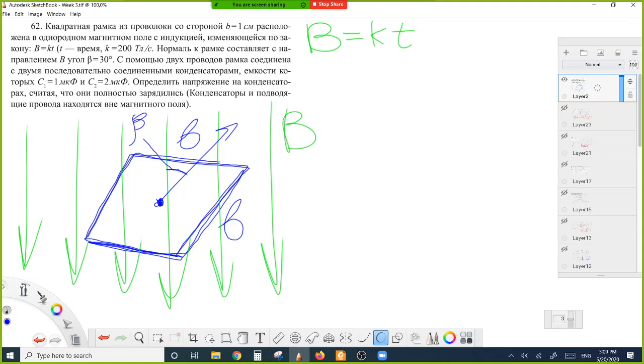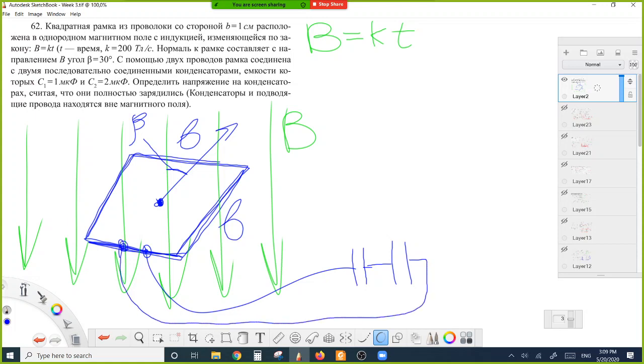Our loop is connected with the help of wires to two capacitors which are connected in series, with capacitance C1 and C2. C1 and C2 are given.